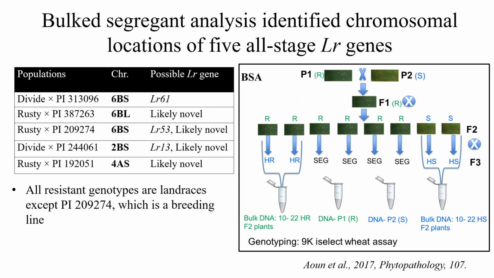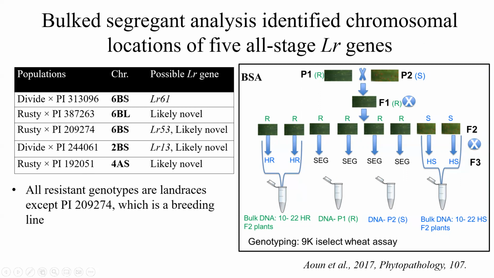So we used a complementary approach, based on biparental population mapping, to identify leaf rust resistance genes in these 5 biparental populations. The race that I used for the mapping was highly virulent on durum, race BBQD from California.